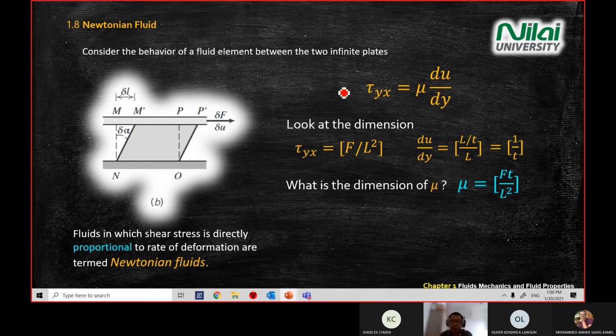Okay, so by doing the balancing that I showed you just now, you will get your mu, or dynamic viscosity, in the unit ft divided by L2. Do you need me to explain this one?